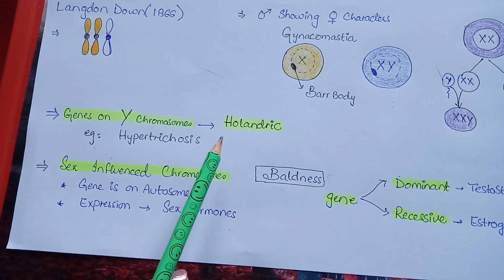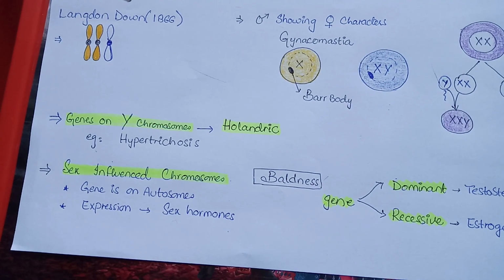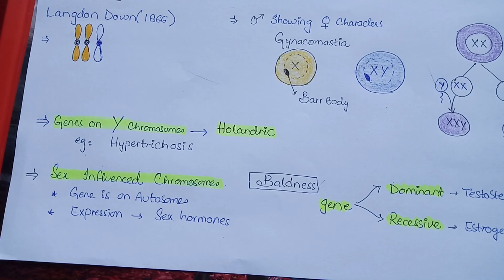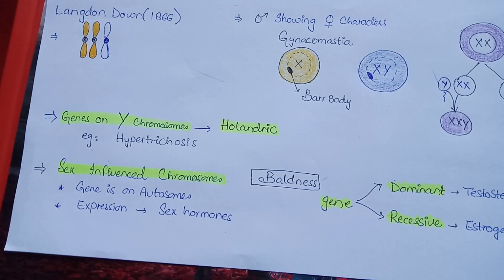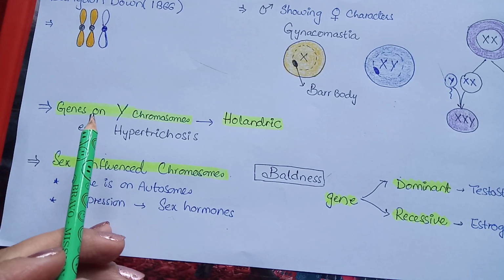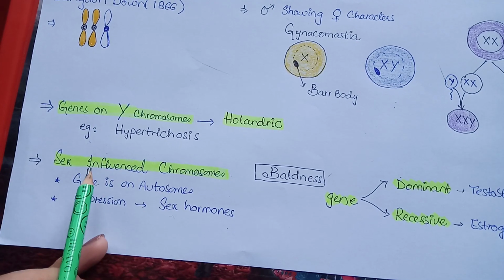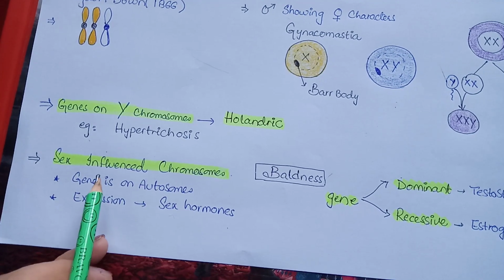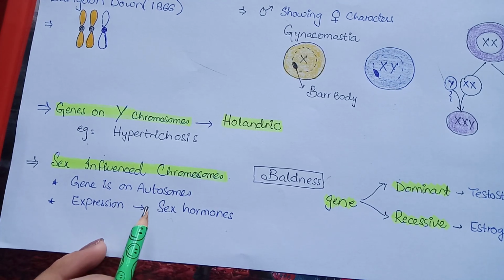Let us discuss one more simple topic, that is sex influenced characters. Sex influenced characters are the ones in which the gene is on autosomes, but their expression is controlled by a particular sex.